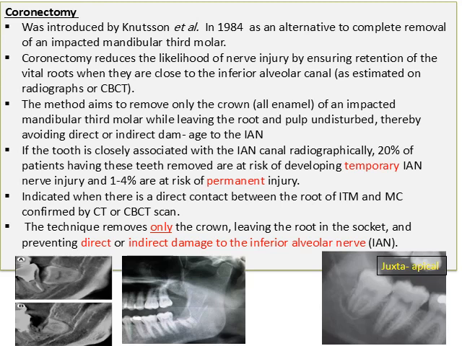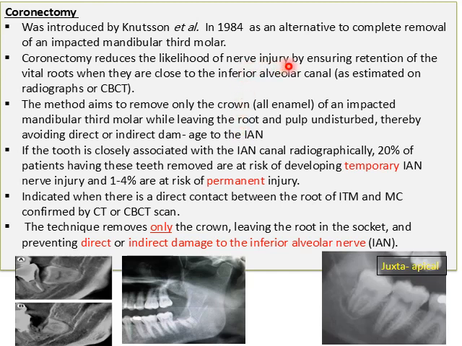If the tooth is closely associated with the inferior dental, as shown by radiographic evaluation, we expect that 20% of patients having this tooth removed may be at risk of temporary nerve injury, and 1 to 4% permanent injury.